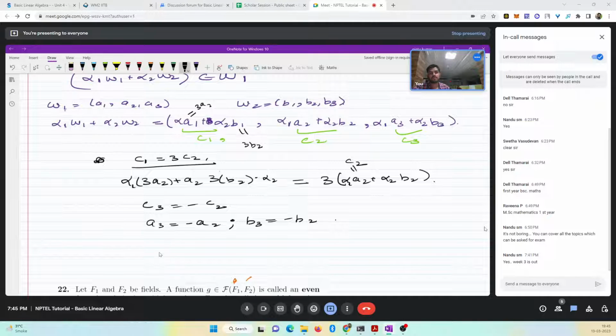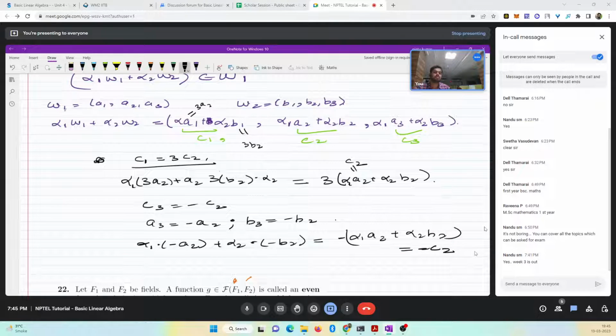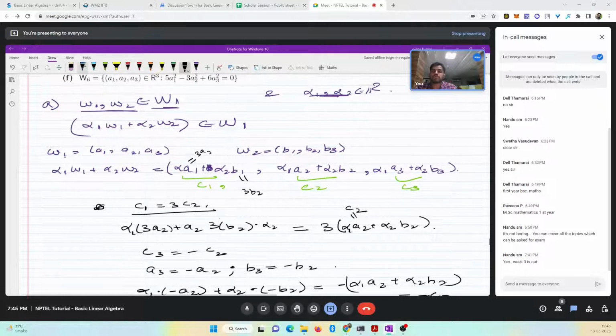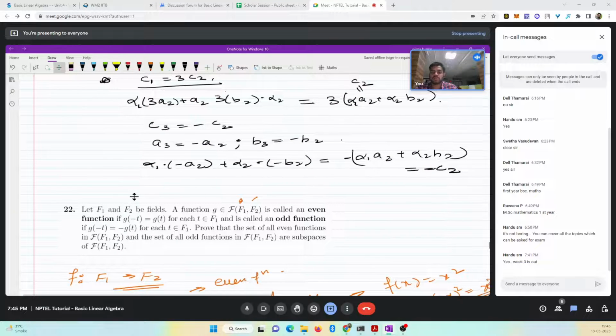We obtain C3 as alpha 1 into minus A2 plus alpha 2 into minus B2. This is equal to minus, taking common, alpha 1 A2 plus alpha 2 B2, which is equal to minus C2. So this way we can proceed with proving any arbitrary set to be a subspace.